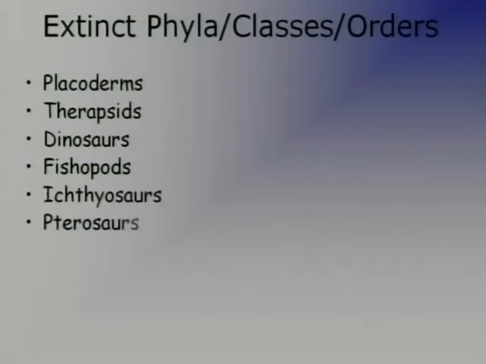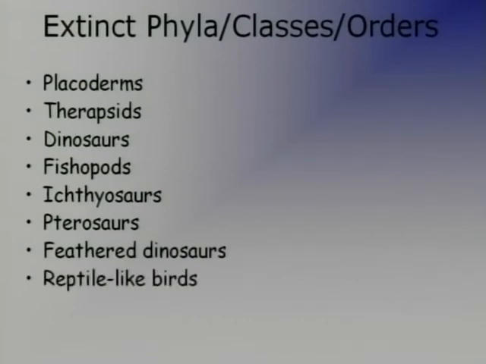Ichthyosaurs, pterosaurs, feathered dinosaurs perhaps. I'll put a question mark by that one. The reptile-like birds, Archaeopteryx, and a dozen Cambrian phyla, the highest level. They've disappeared. So we have a decrease in disparity but increase in diversity within the groups that remain. And that's what we observe in the fossil record.